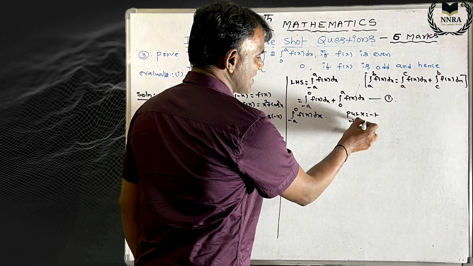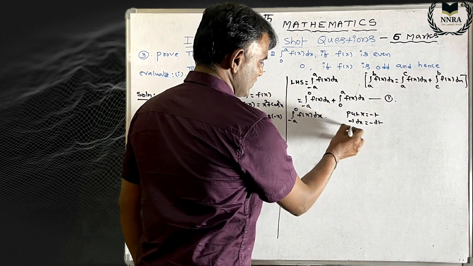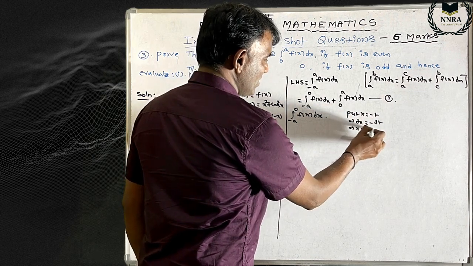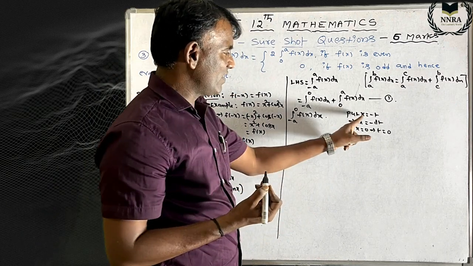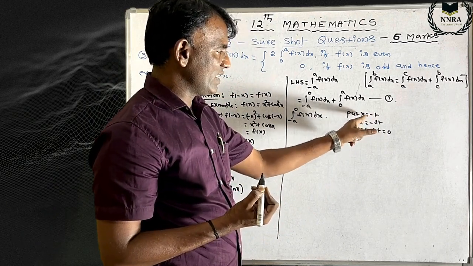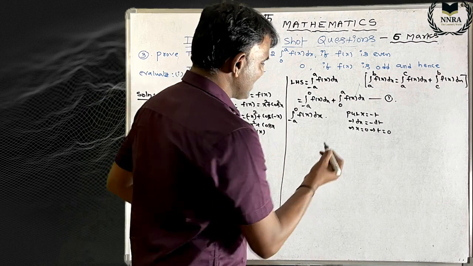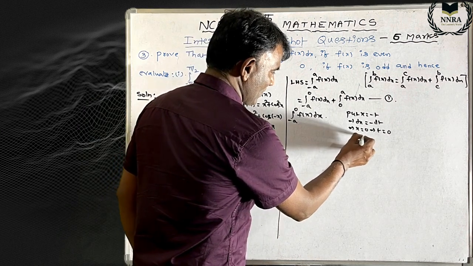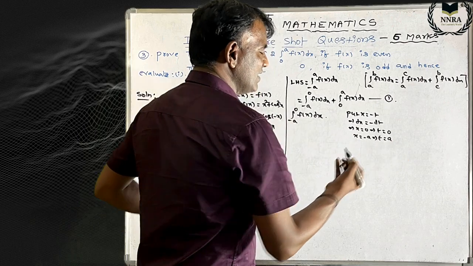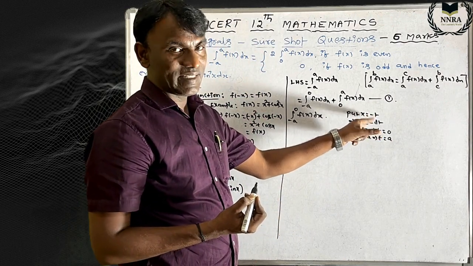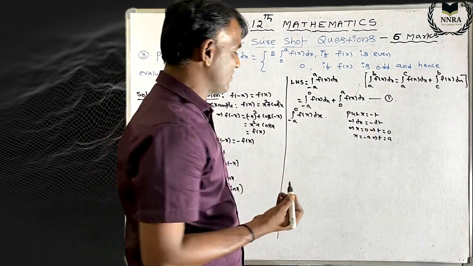So what is dx? Minus dt. And x equal to 0, then we get t equal to 0. Right? x equal to 0, minus t equal to 0, t equal to 0. Now x equal to minus a. Okay. What is the value of t? t equals a. Why? Because minus a equals minus t, minus minus gets cancelled, we get t equal to a.